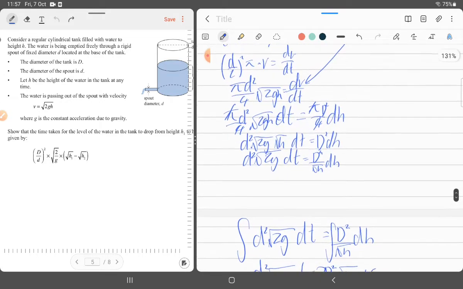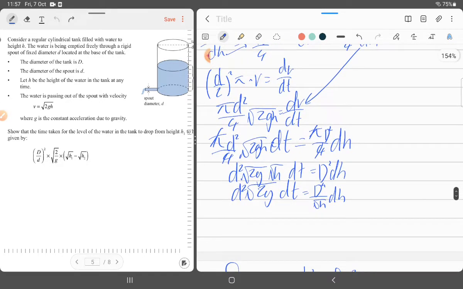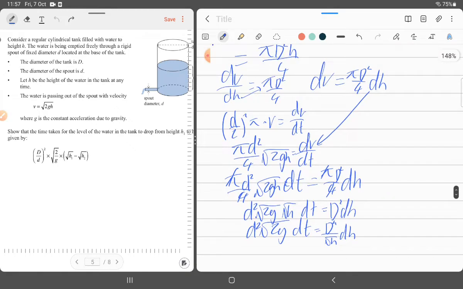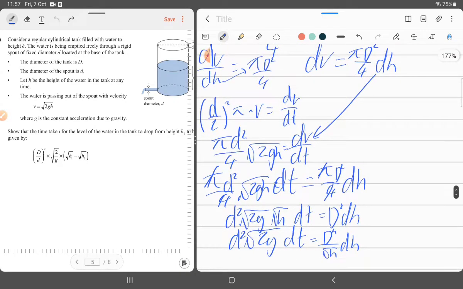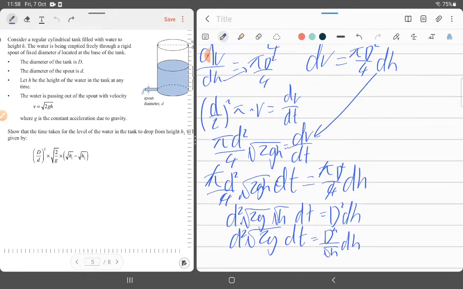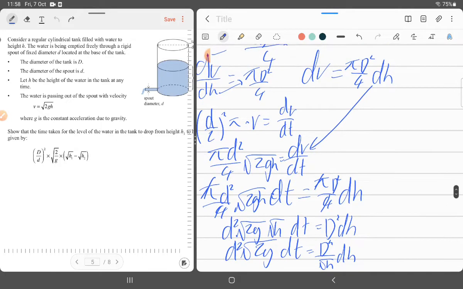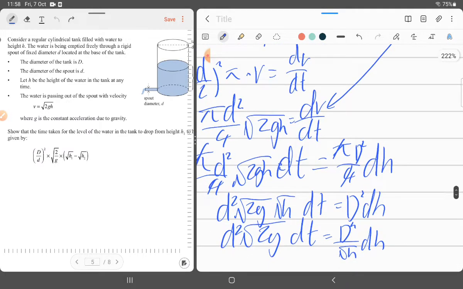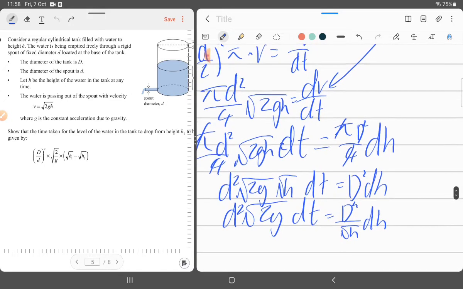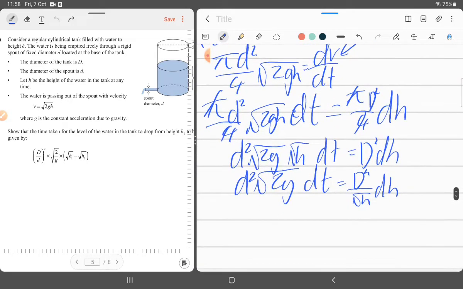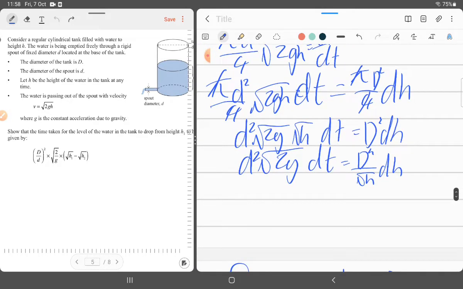So we have G t pi over 4 D squared. Then we have D squared over H dt.